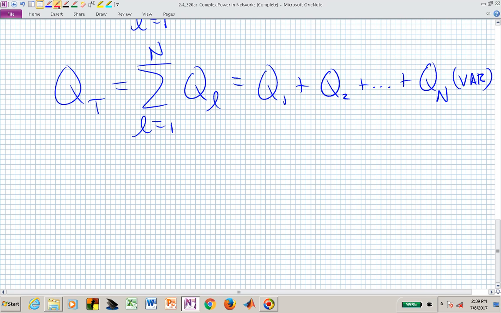That allows us to say that the total complex power of this interconnected system of loads is P total plus j Q total volt-amperes.